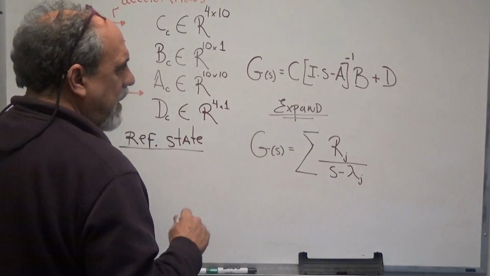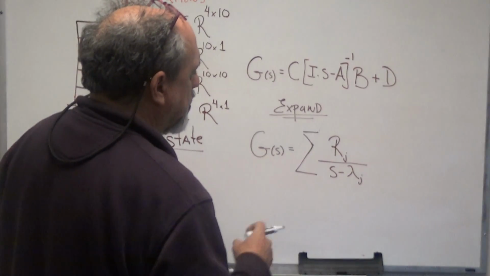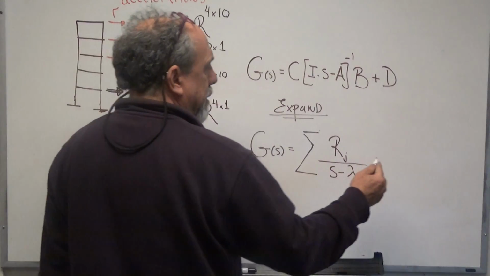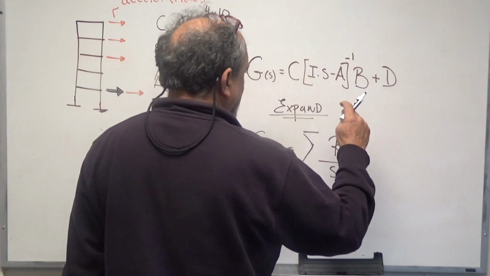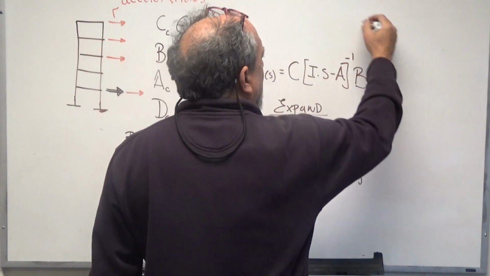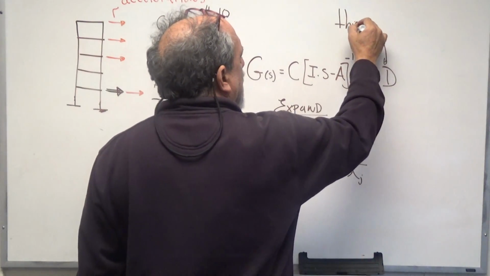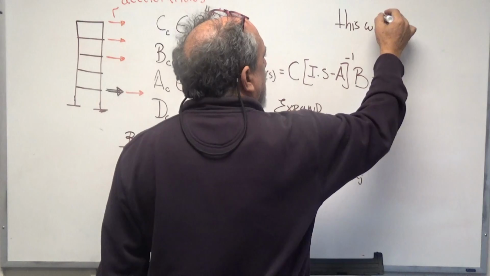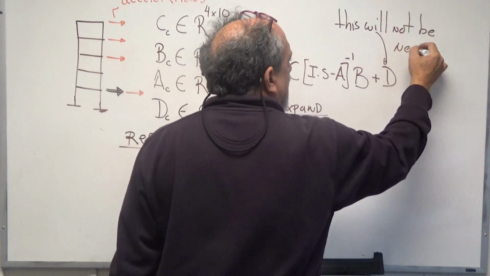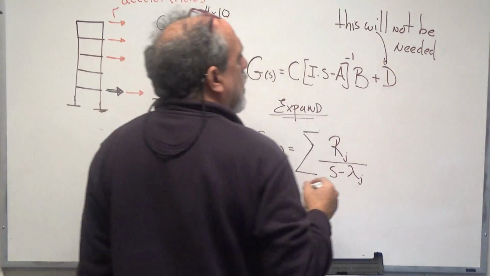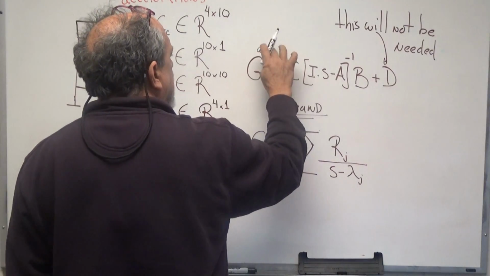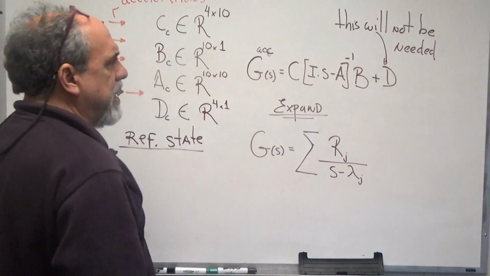And the D is a little bit awkward right now to handle because I'm not really going to expand the D, although I could, but let's just say that this will not be needed. Because this was for acceleration, and eventually I want to go back to displacement, okay? So this is for acceleration.